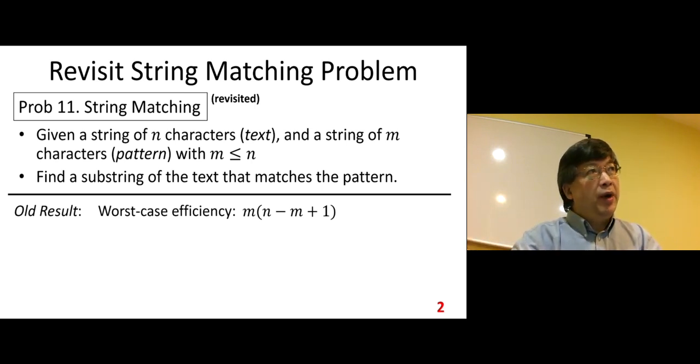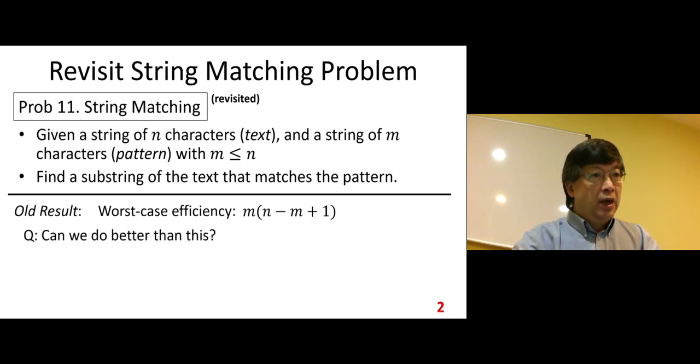But we are not satisfied with this solution, so we want to improve it. So the question: how do we improve it? What is the main idea to improve it?